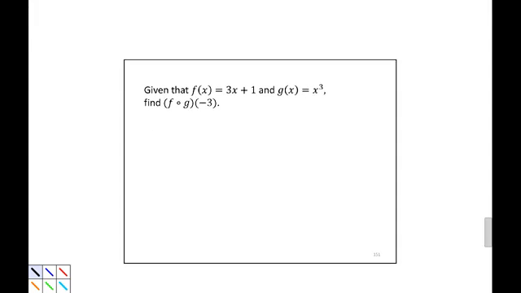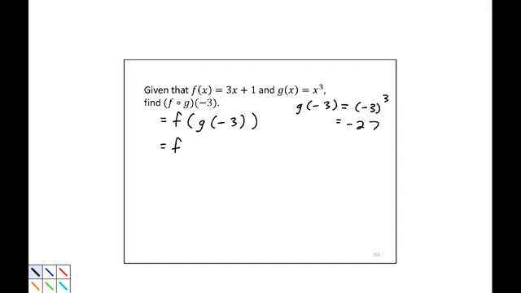Given that f of x equals 3x plus 1 and g of x equals x cubed, find f of g of negative 3. Let's find g of negative 3. That would be negative 3 quantity cubed, which would be negative 27.